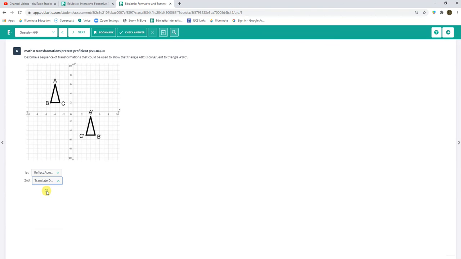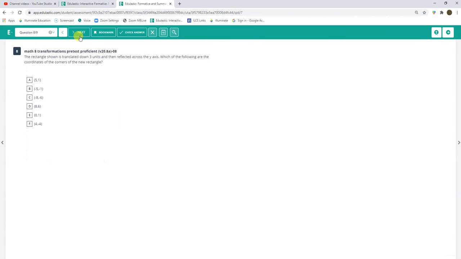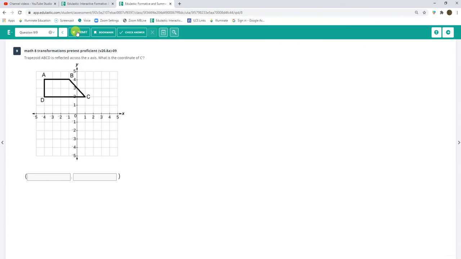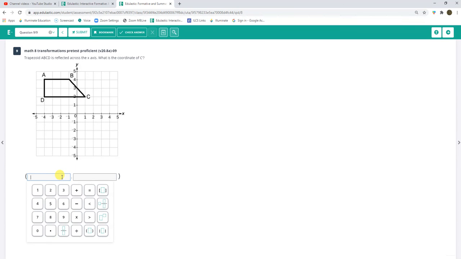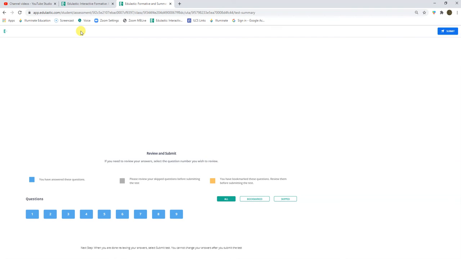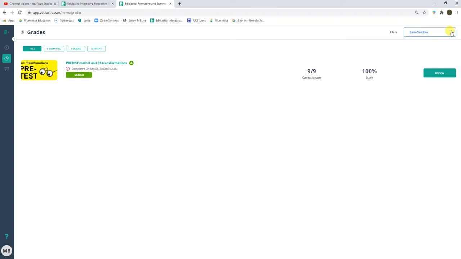Second, translate down 7 units. Okay, so that one works.